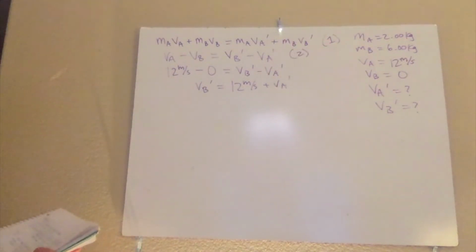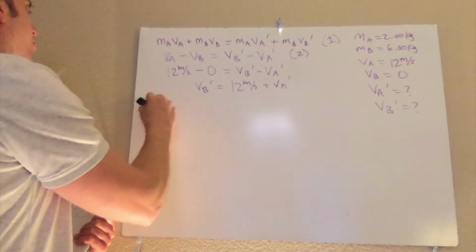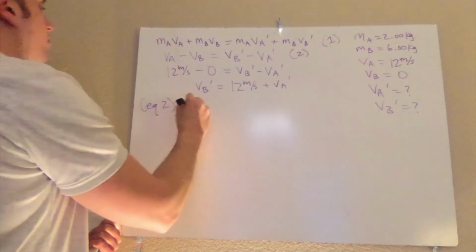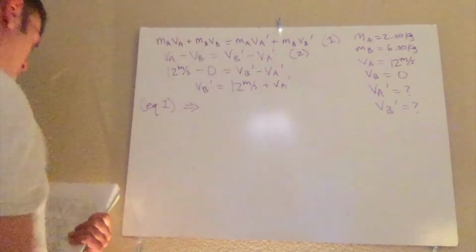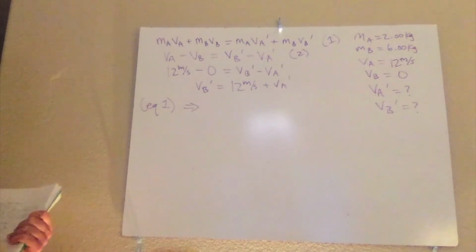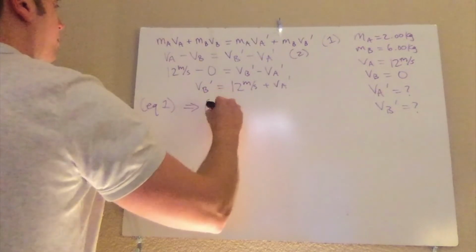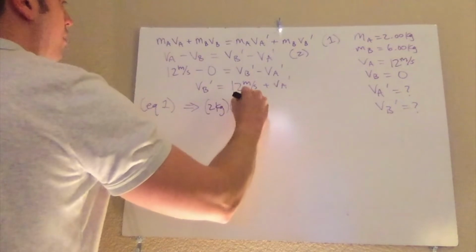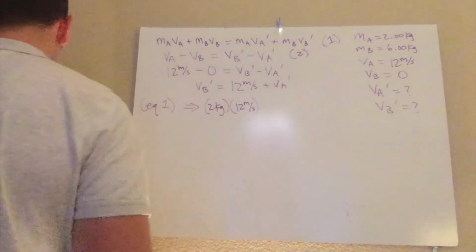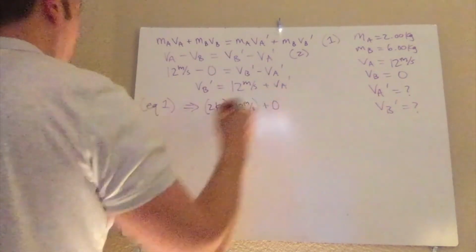Now, let's take that result and plug it into equation number 1. That's the one we started with. So when we take equation number 1 and plug in what we know, for instance, that MA is 2 kilograms, VA, that's the starting velocity of that object, is 12 meters per second. That VB is 0, so there's nothing there.